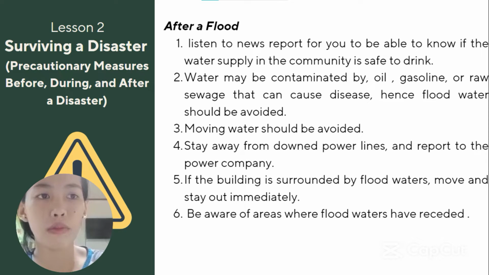Hence, flood water should be avoided. 3, moving water should be avoided. 4, stay away from downed power lines and report to the power company. 5, if the building is surrounded by flood water, move and stay out immediately.